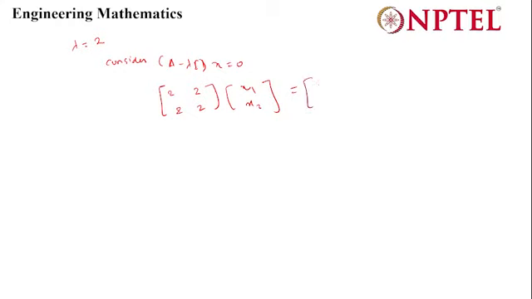This trick is only for a 2 cross 2 matrix for calculating the eigenvector. You can do one row operation, R2 minus R1, so it will be [2 2; 0 0].